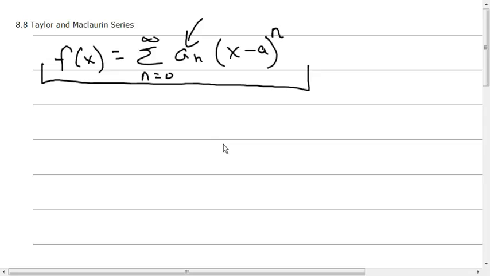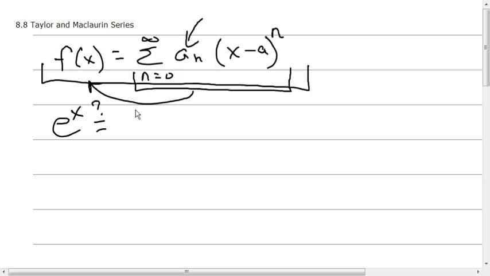Now with the Taylor series, what we're going to do is modify this a little bit. What if instead of coming up with a power series and calling it a function, we already had a function and wanted to ask the question, can we formulate this function in terms of a power series? For instance, as an example, e to the x is a function.